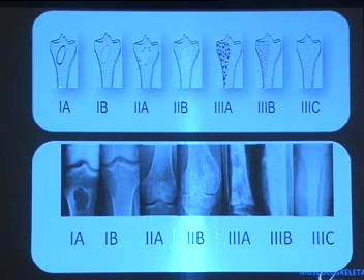So when you go from 1 to 2, you have an increased chance of malignancy. The type 2 have almost a 50-50 chance of being malignant. That means it's geographic with a wide zone of transition. It's difficult to tell where that tumor starts and stops. And type 2B means a changing margin. And what that means is, although it's geographic most of the way around, all of a sudden something has happened.